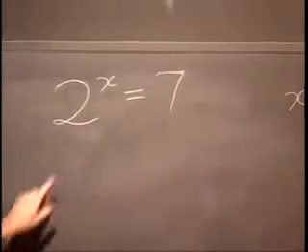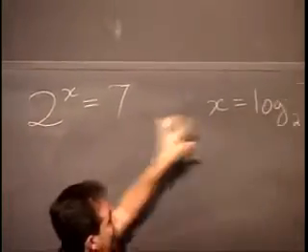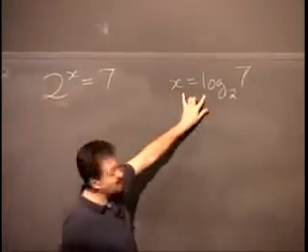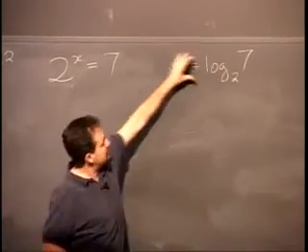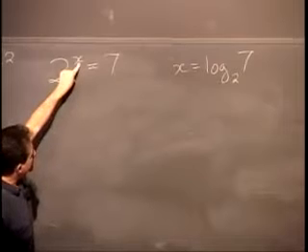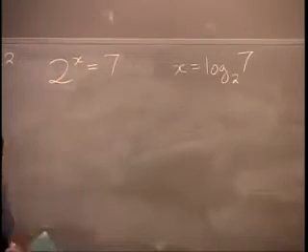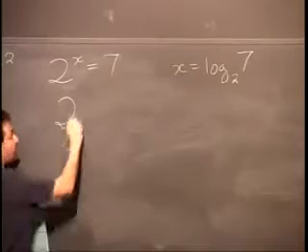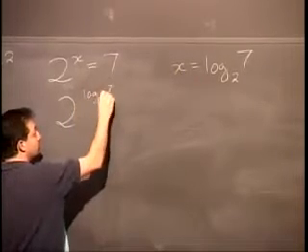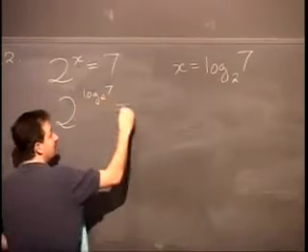In fact, if you take these facts that if 2 to the x equals 7, then x is log 7 base 2, and you surgically insert this log 7 base 2 instead of x, you are forced to conclude that 2 to the power of log 7 base 2 is 7.